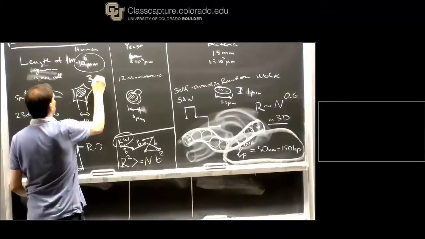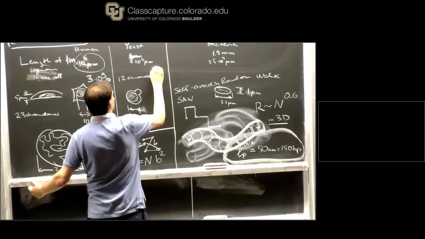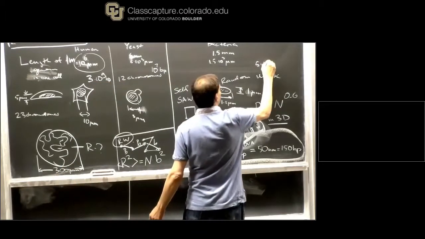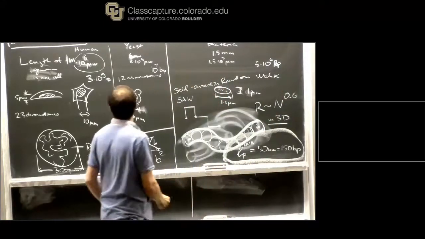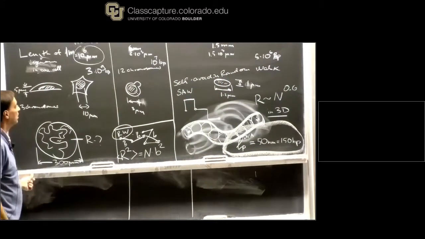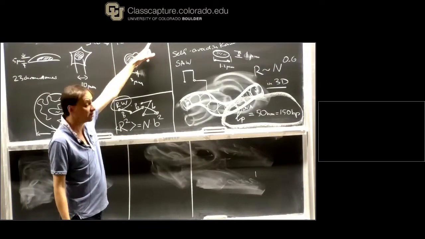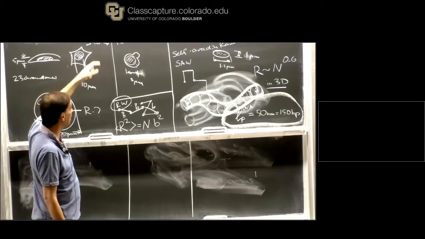The human genome was 3 times 10 to the 9 base pairs. Yeast was 10 to the 7 base pairs. That's 5 times 10 to the 6 base pairs. So this is 300 times shorter in length. So take a square root of 300, you get 15.